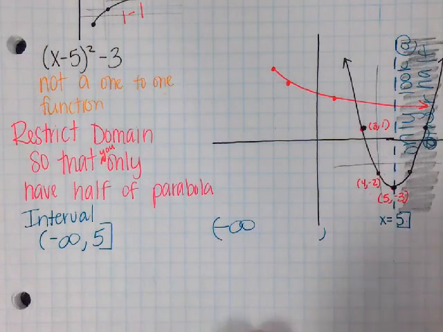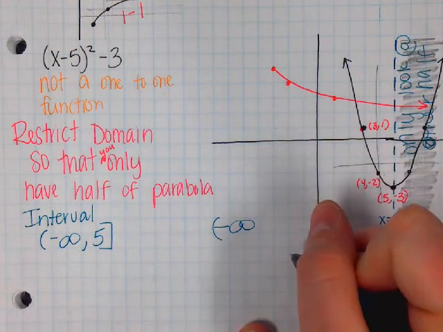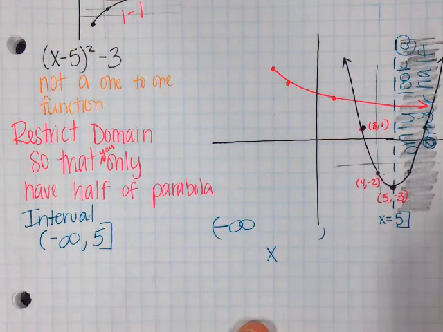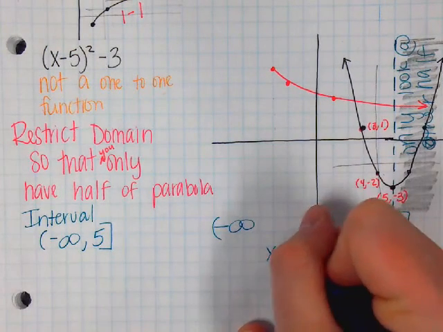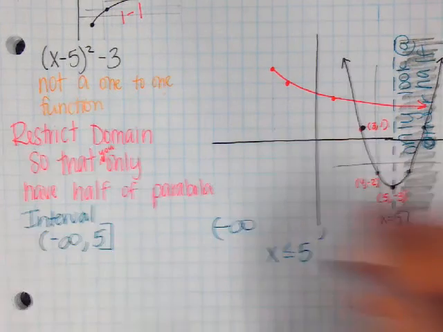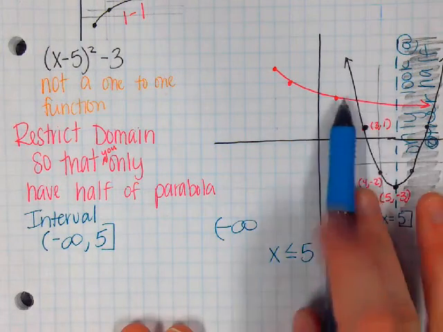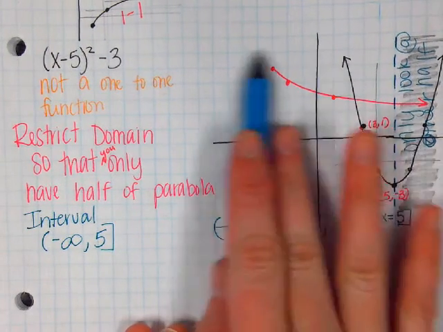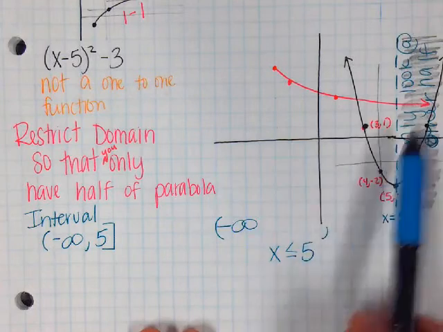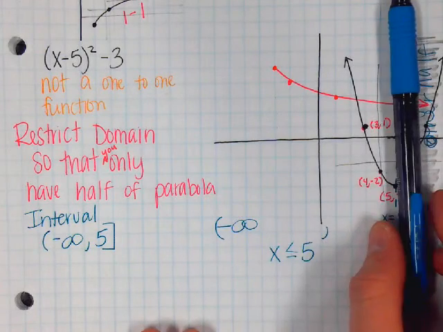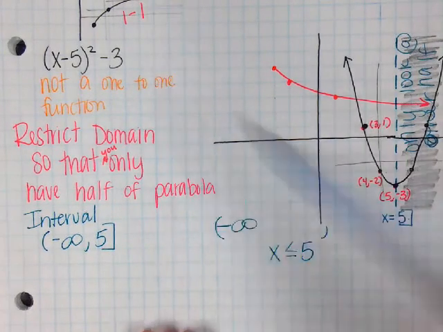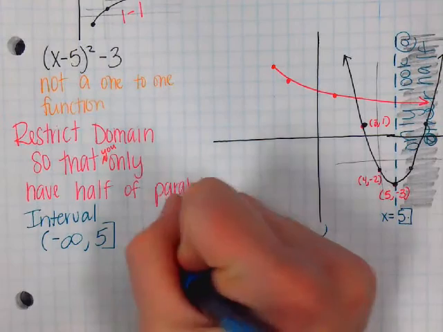You will also see that sometimes it's as an inequality. So I would say when my x values are less than or equal to 5. So it is this lower half, from anything that's less than that right there.